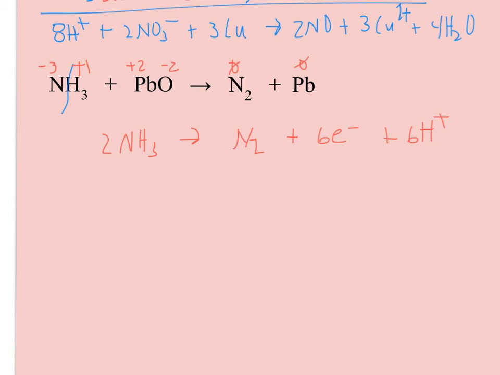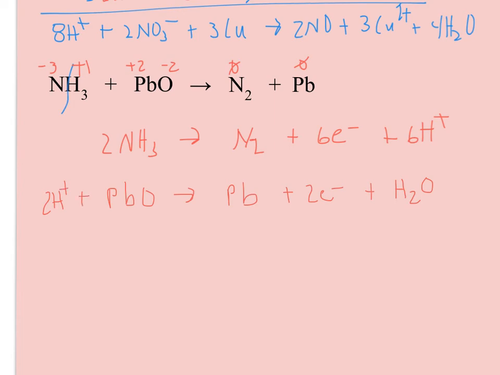So with my PbO, it's just going to form Pb, so my Pb are balanced. I'm going from a +2 on the left side to a 0, so that means there's 2 electrons being gained over here. I'm going to need an H2O to balance it, which means I'll need 2H plus on this side.